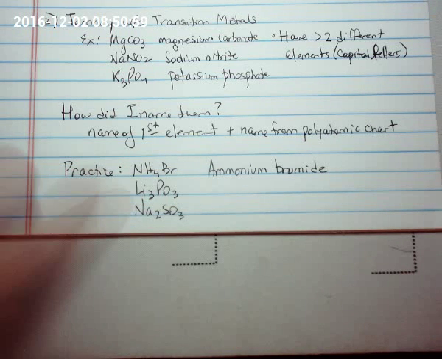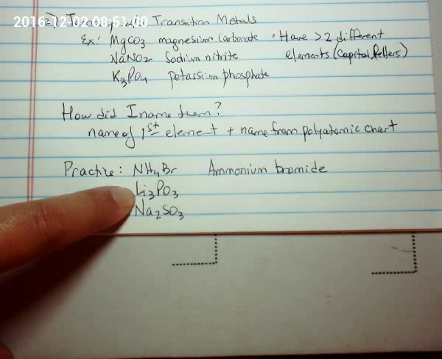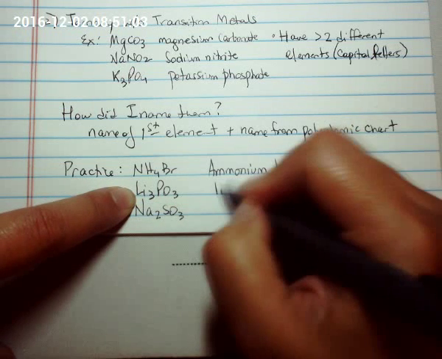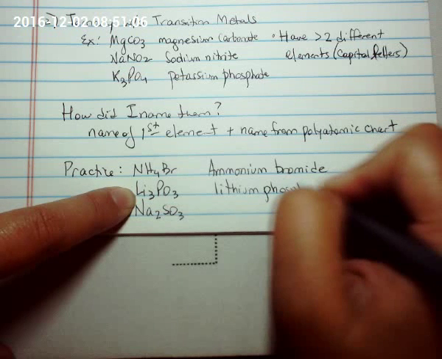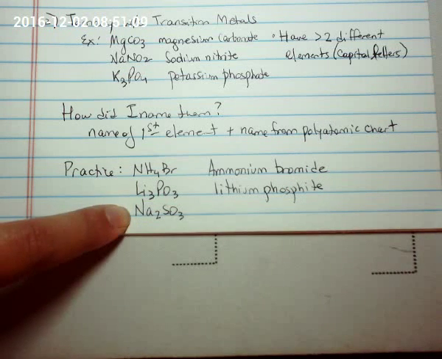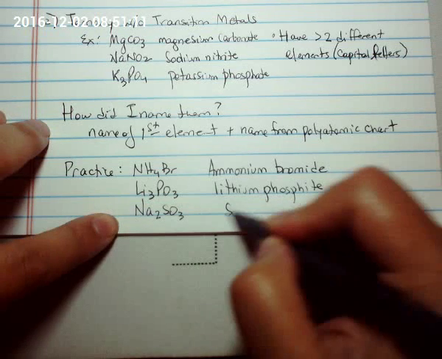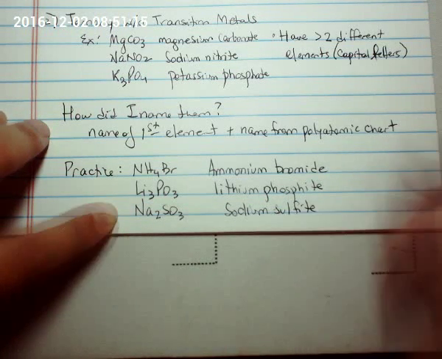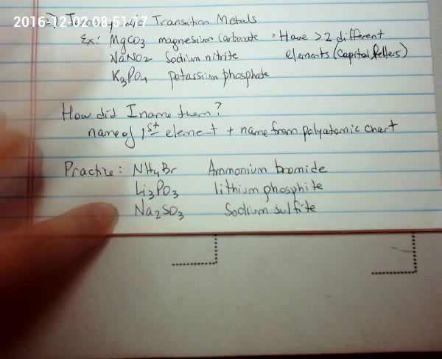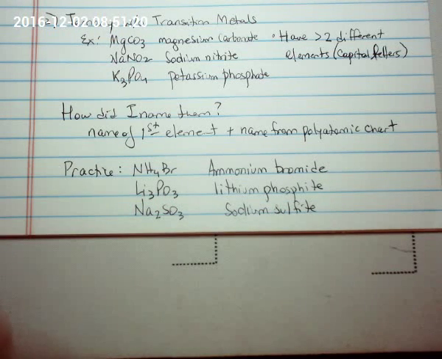All right, what about the next one? What's that element called? This is lithium phosphite. And what about that next one? Sodium sulfite, yes? Yeah, so when you write these formulas, you always put the positive charge things first.